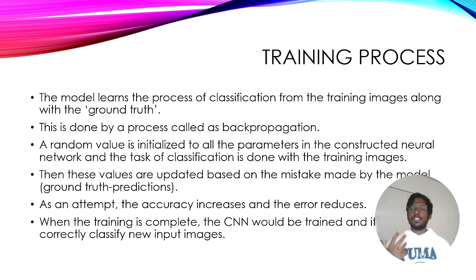In the 1990s or 2000s, before the advent of GPUs or advanced processors, training of CNNs would take months and months of time. If you train a CNN on a CPU, it will take around months.